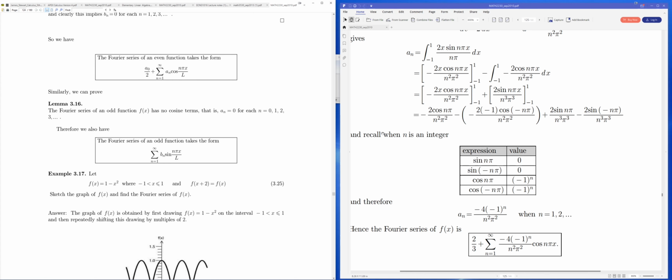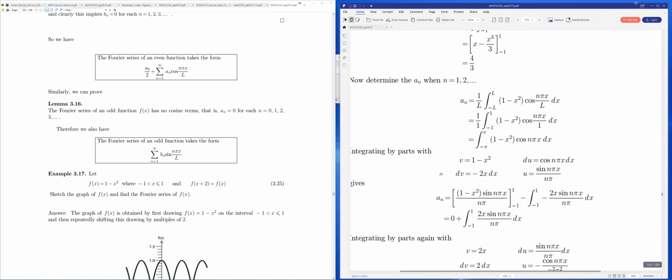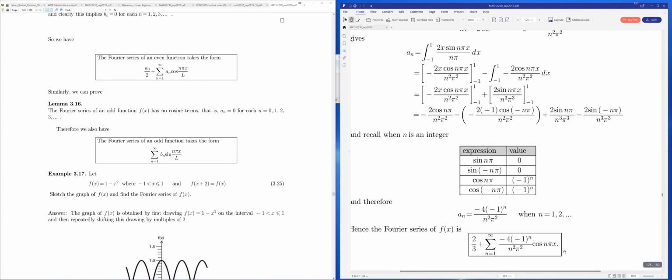I worked out what the a0 was. The a0 was 4 on 3. I worked out what the an is. So all I need to do now is just put in what the a0 is and put in what the an is and put in what the L is. The L is equal to 1. And when I do that, I get my answer for my Fourier series.